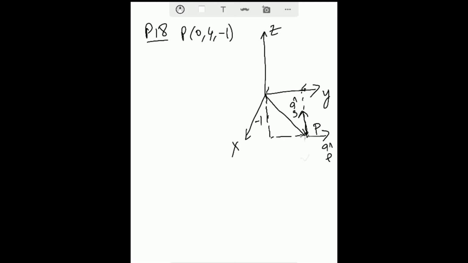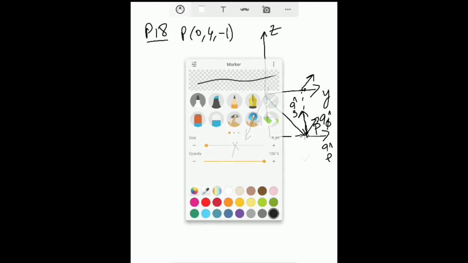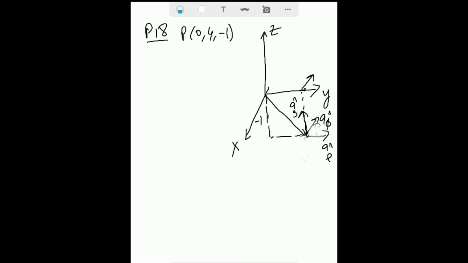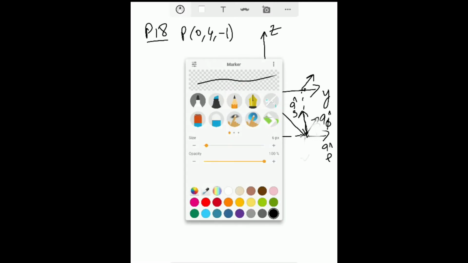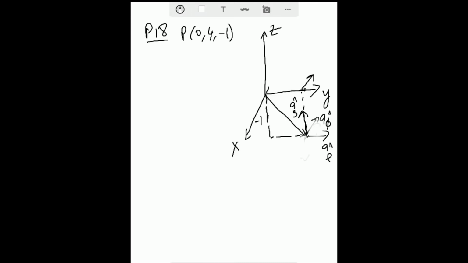So A phi will be going like this, or in this direction. This is A phi. So this is my A phi. This is my point P.